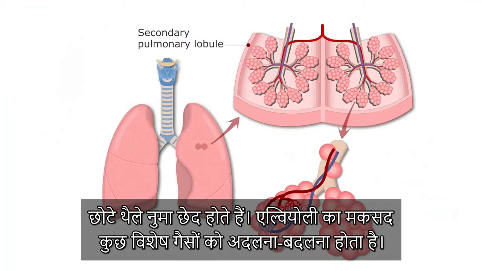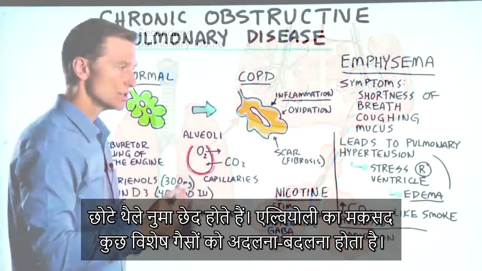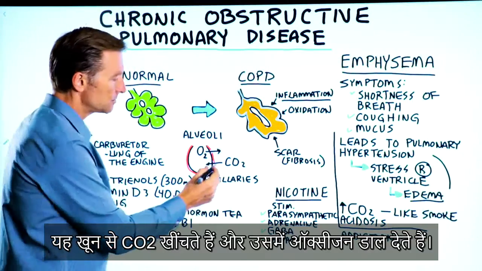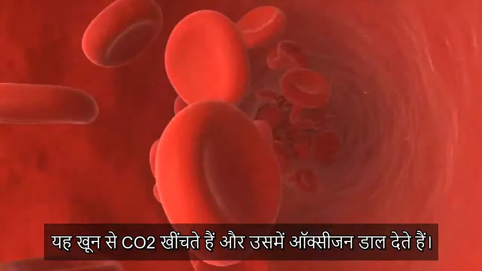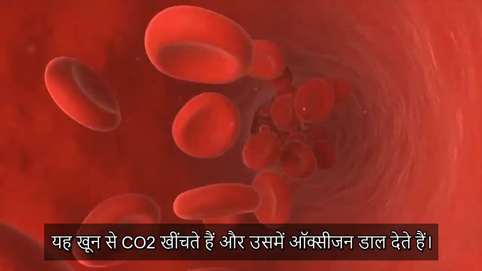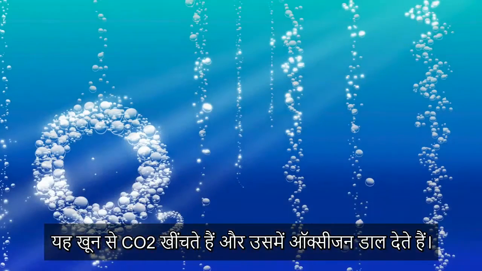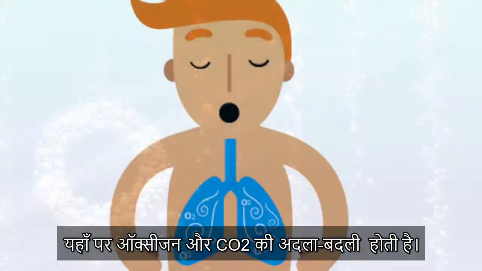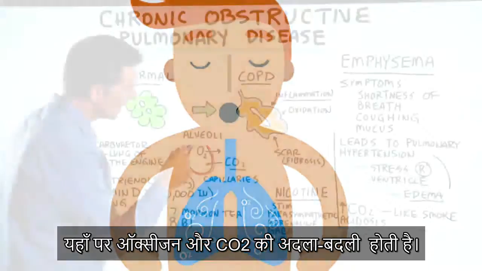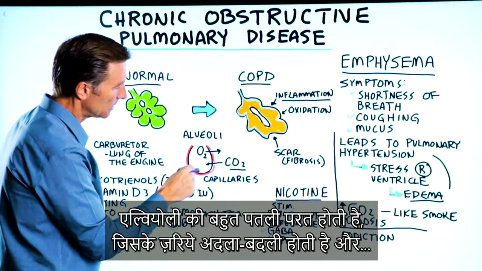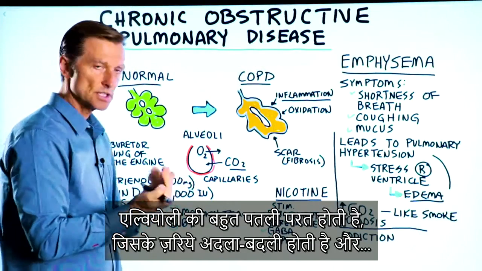Now, the purpose of the alveoli is just to exchange certain gases. It's pulling in CO2 from the blood, and it's adding into the circulation oxygen. So we have this exchange between oxygen and CO2. So you have this very, very thin lining of the alveoli that allows this diffusion to take place.